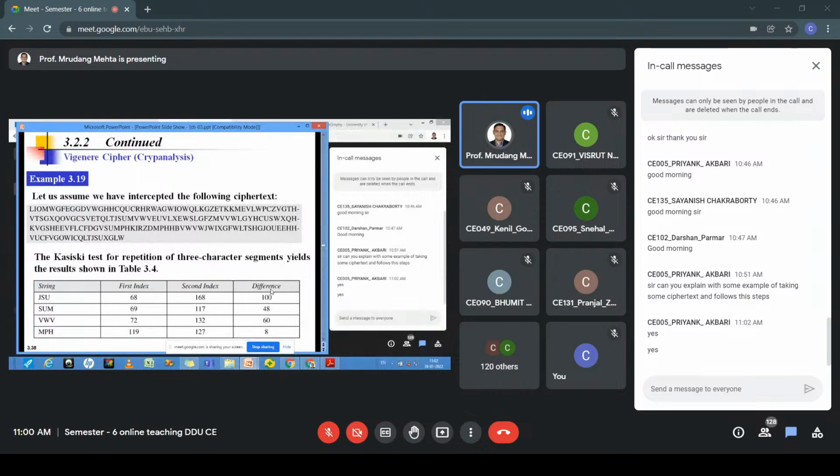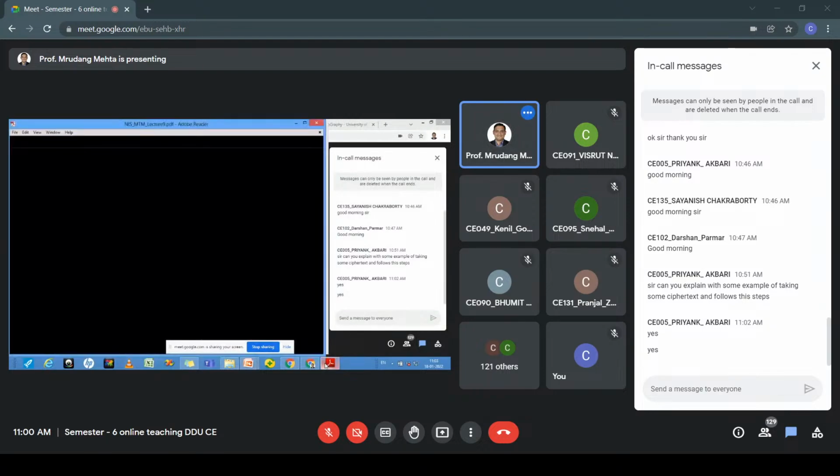Now, if you recollect the theoretical explanation I gave you, that you may have multiple segments which are repeated, in that context we had seen D1, D2, D3.